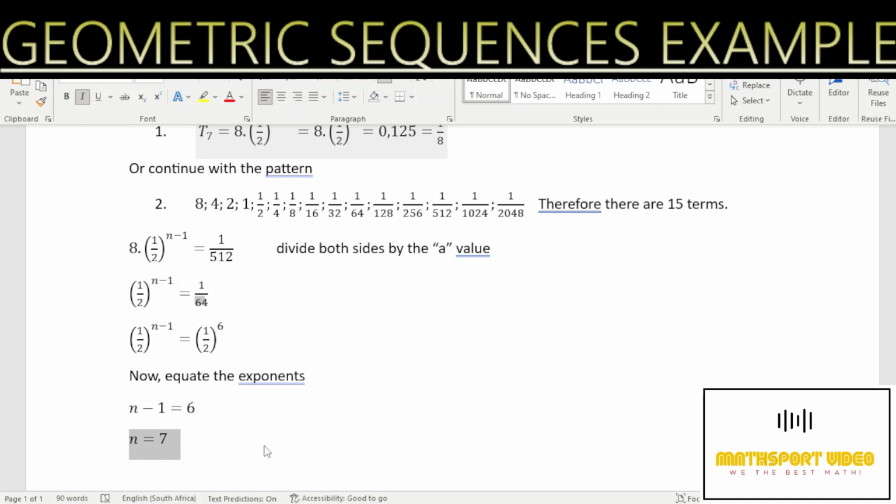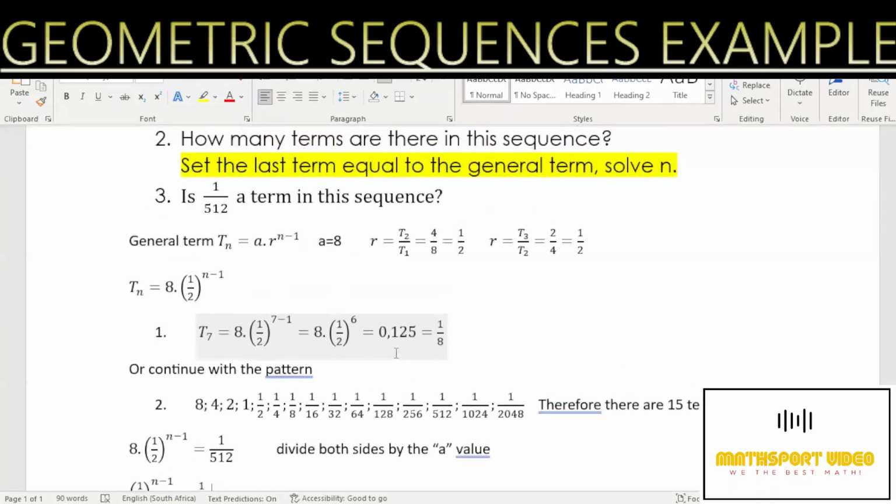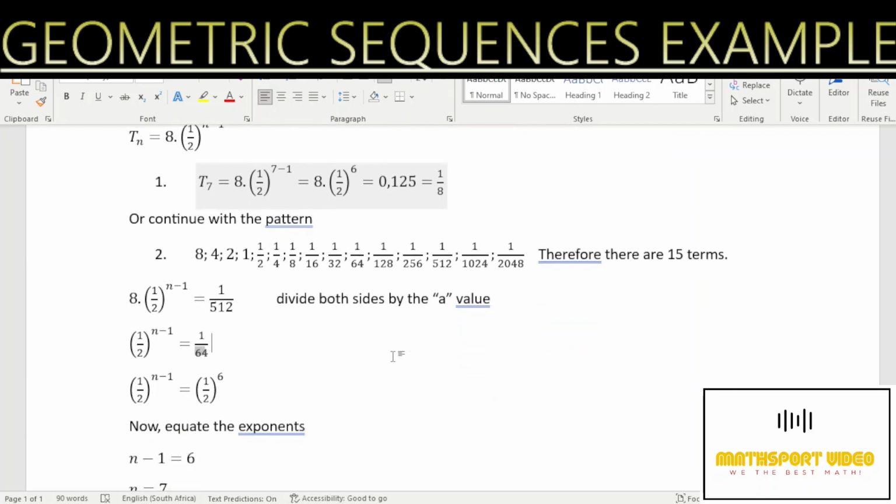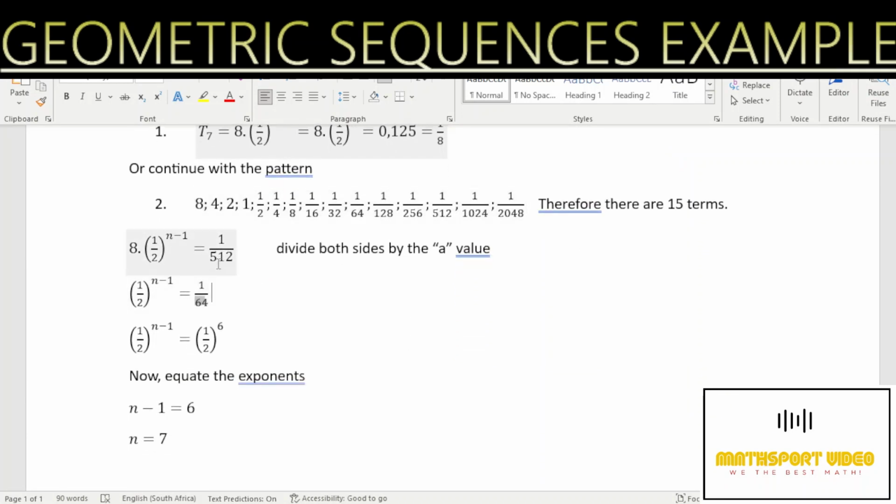The 7th term is 1 over 512. 1, 2, 3, 4, 5, 6, 7. Now you will notice, hang on. The 7th term is not 1 over 512. Okay, so let's see, what did we do wrong here?